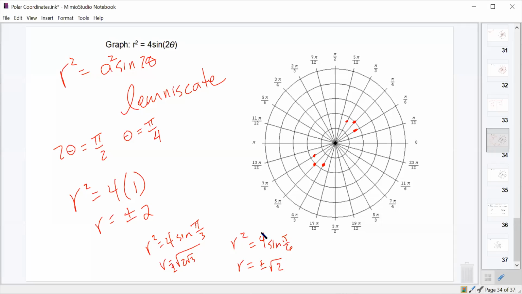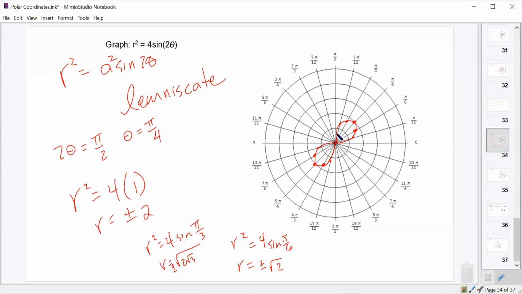Because sine pi over 6 is a half, and half of 4 is 2. So plus or minus root 2, that's about 1.4. And still symmetric. And you end up with this nice little figure 8, sort of tilted on its side.